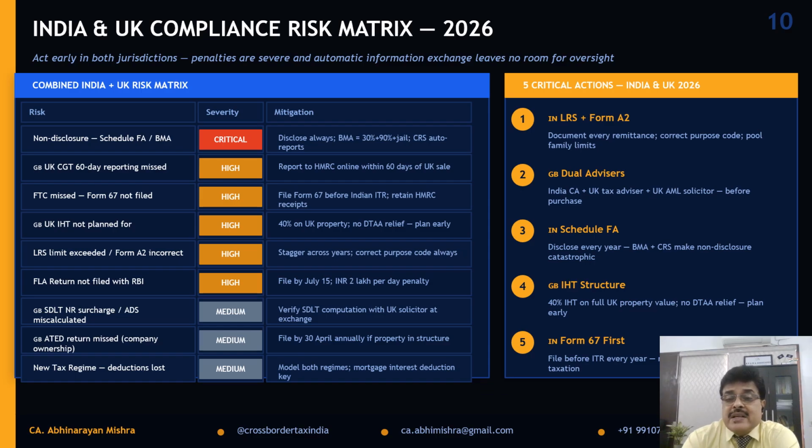Structure the IHT, inheritance tax, 40% on full UK property value, no DTA relief is available. So plan early. File Form 67 first, before filing the income tax return in India. So UK property for an HNI can be quite attractive and may give a good return, but only if you get the compliance right in both jurisdictions.